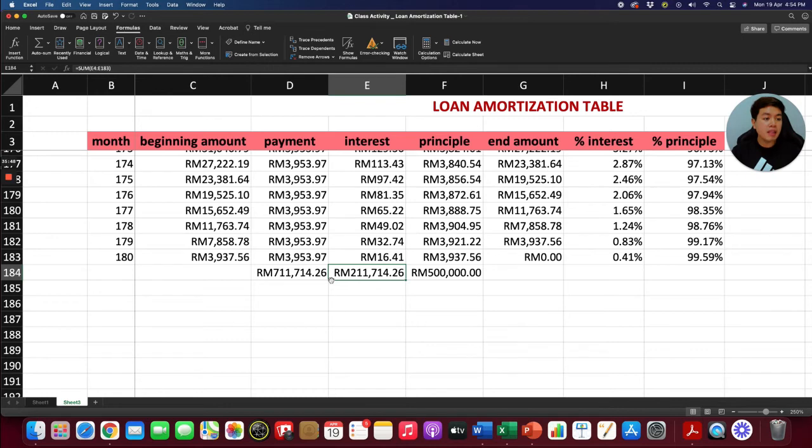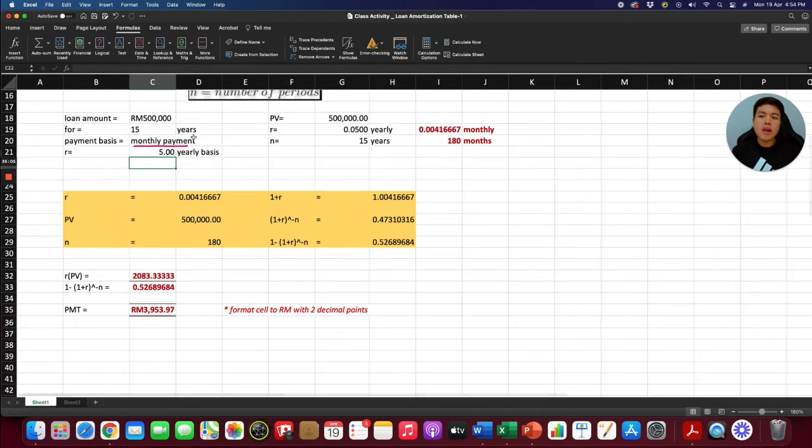Payment amount increases. So your interest is now, instead of 100,000 ringgit just now, it becomes 200,000 ringgit. That's the impact of a higher interest rate. When the interest rate is higher, you make more payment to the bank. And this is for 180 months, 15 years.